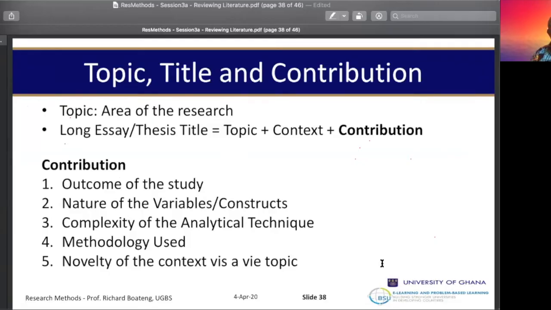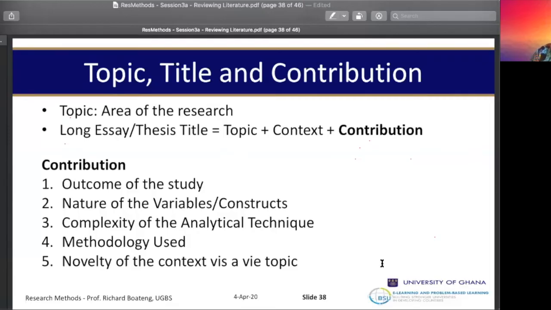So let's continue. It says, how then do you determine contribution? Contribution is a term coming from the gaps, based on the outcome of the study, the methodology you are going to use, the complexity of the analytical technique, the nature of the variables, like multi-dimensional variables or multi-dimensional constructs. I mentioned that earlier. And then the outcome of the study. Those are the ones I use to show contribution.